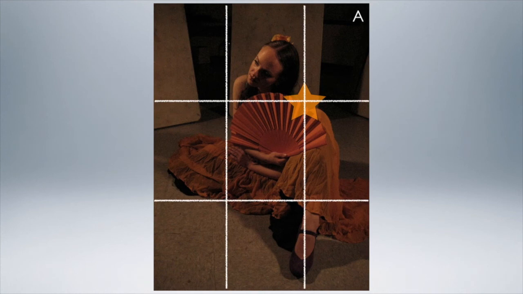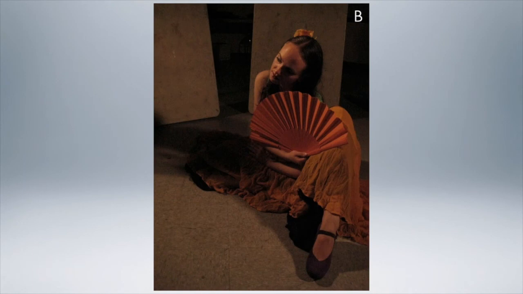If you divide your image into thirds up and thirds across, some of the best places to have your focal point are on the intersections of those. Keep that in mind because we're going to look at one other photo reference.